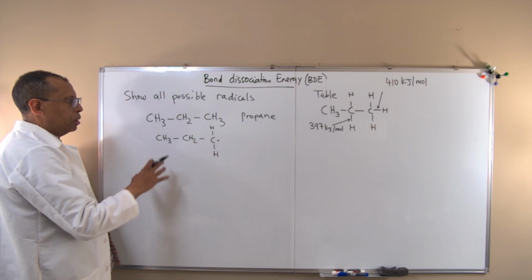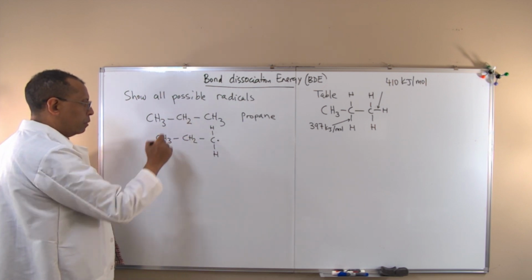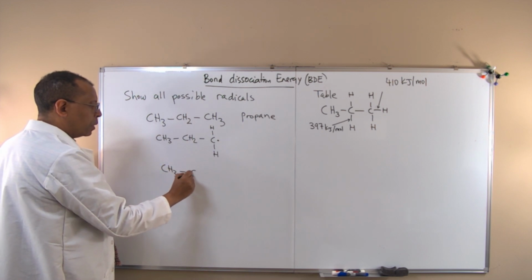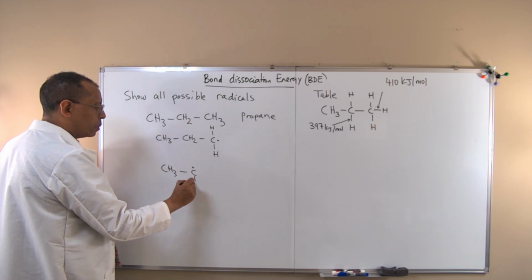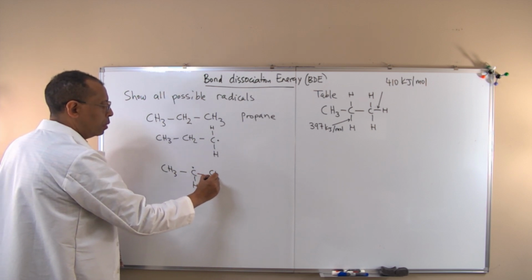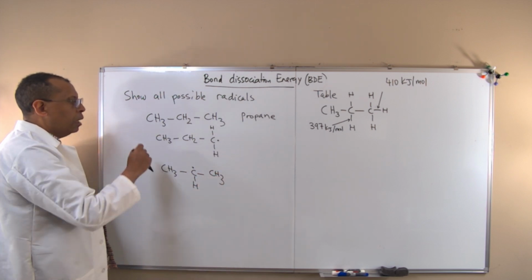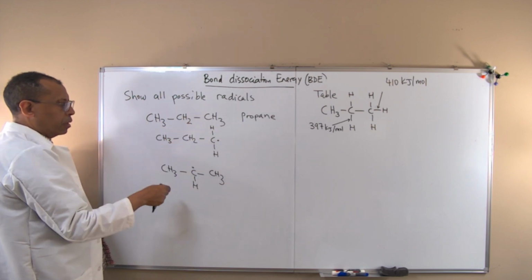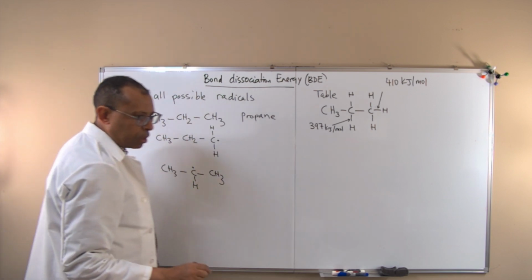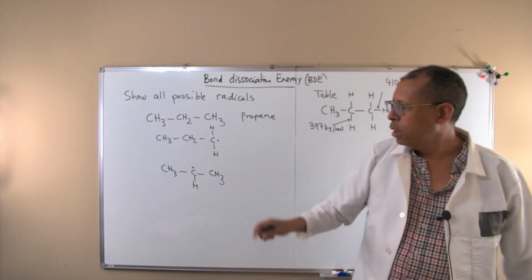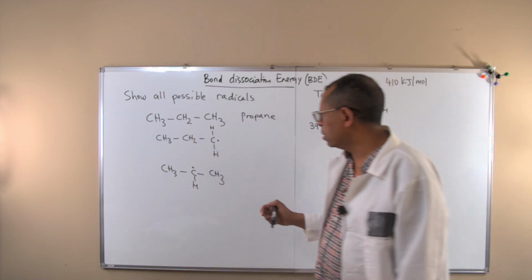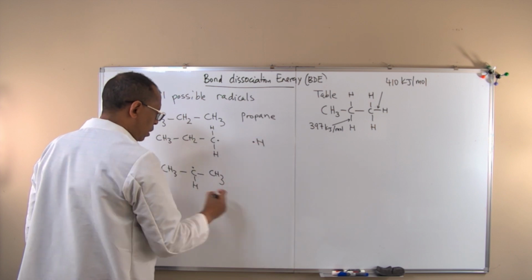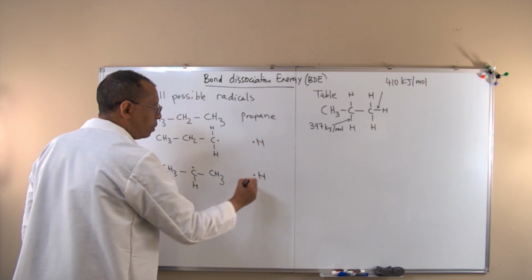The other possibility is if the free radical is generated from the second carbon. CH3. Taking a radical from here is the same as what we have done. So the only possible free radicals in propane are on these two carbons.